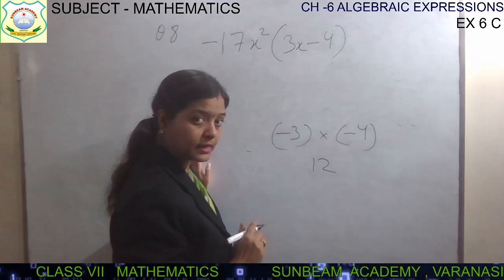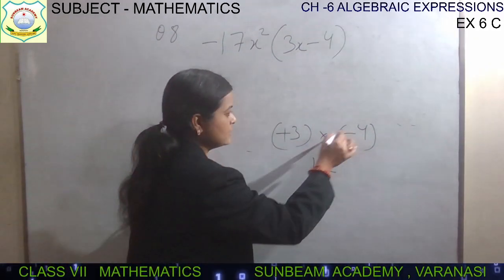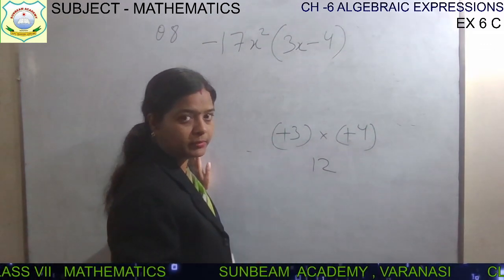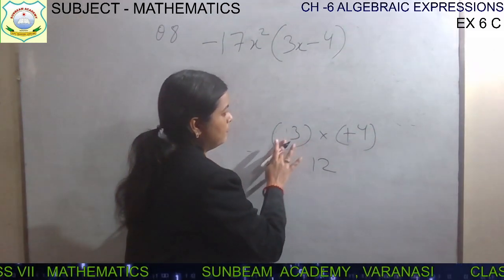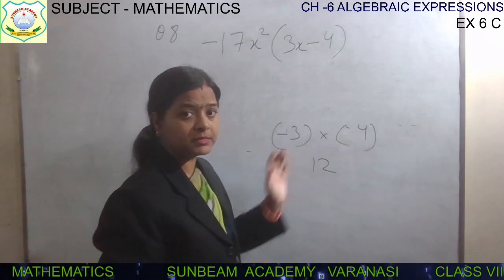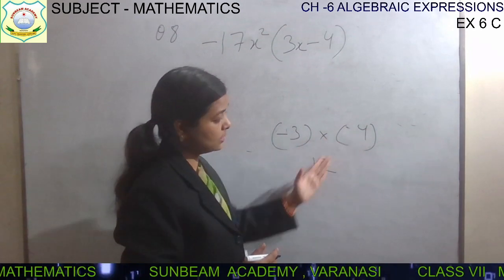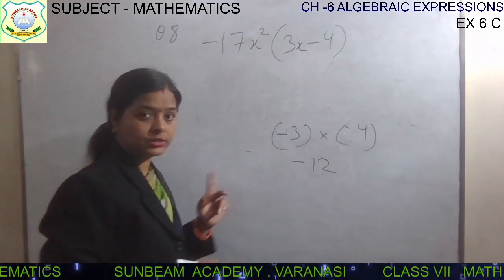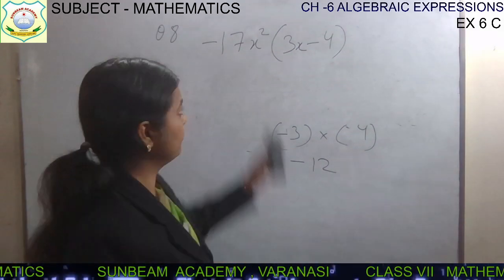In the same sign, plus will come if you are multiplying. If it is plus 3, yes, same sign, plus plus, the answer will be positive 12. But if one of them has a negative sign, then 3 fours are 12, the number will be 12, but the negative sign will come. This you have to remember, children.